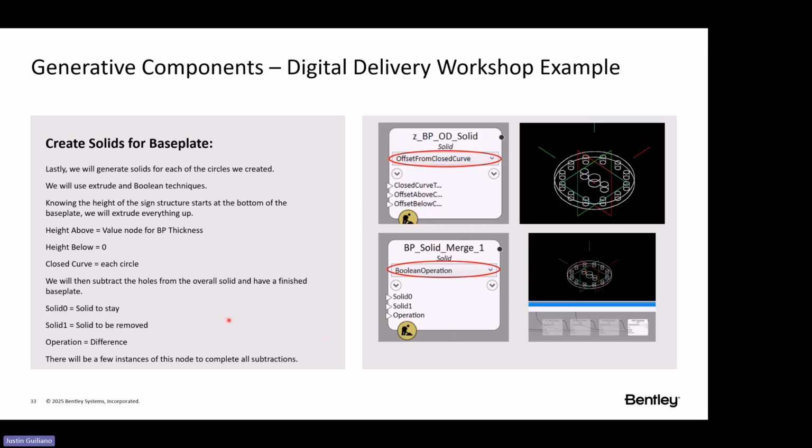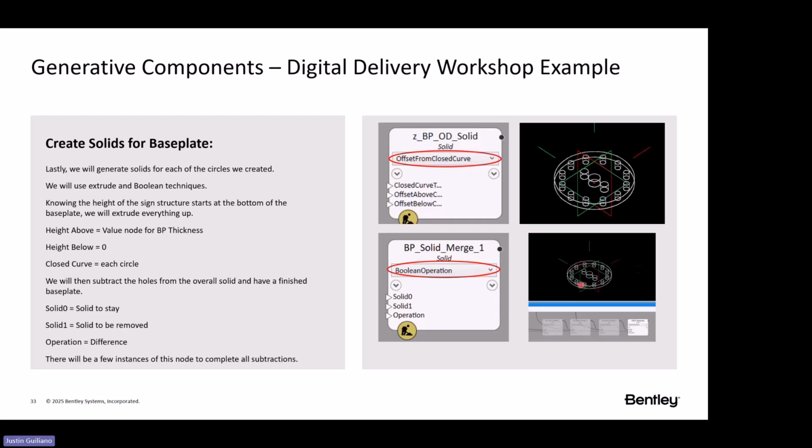Basically, the way this works is I want to take my solid to stay, solid 0, and I want to subtract out solid 1, and the operation is going to be the difference. Once I have those nodes wired in here, you get a resulting solid that has that information subtracted out. That resulting solid then serves as the input for the next subtraction.